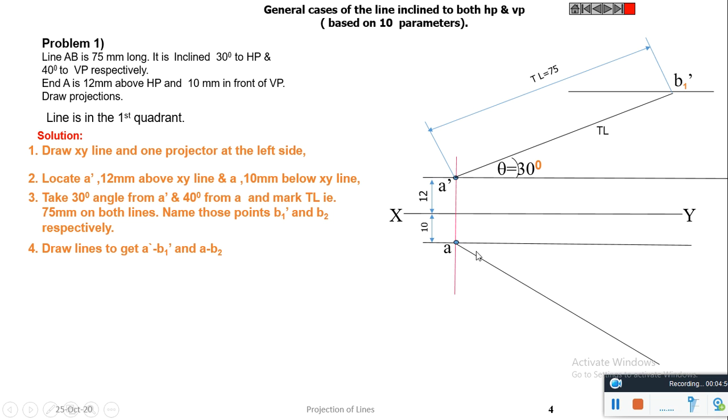Similarly, take 40 degree from A and mark this point B2. Also draw the locus of B1 dash and B2 dash and B2.